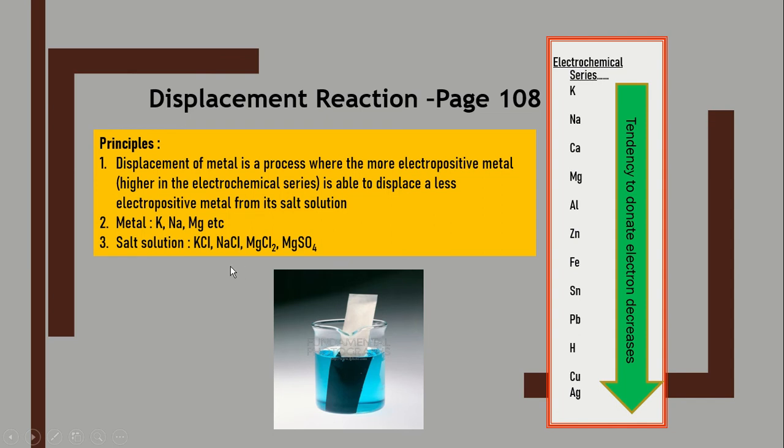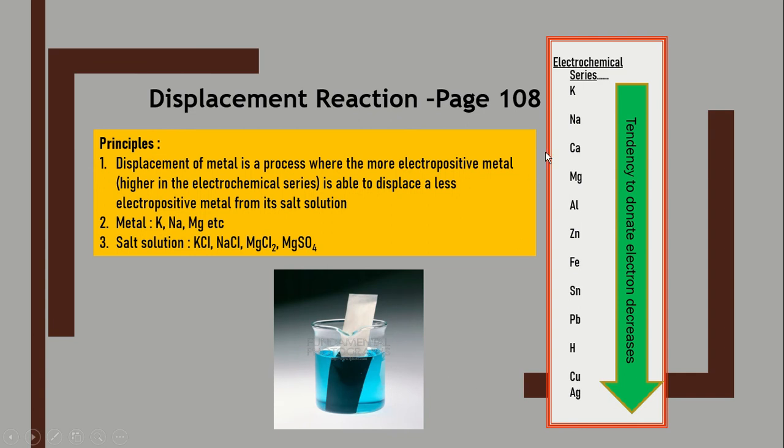Okay, so in order to displace this ion to become metal, we must use a more electropositive metal. So ingat, metal yang kita nak guna untuk displace metal dalam salt ni must be more electropositive, mesti berada lagi tinggi daripada metal yang berada dalam salt solution.